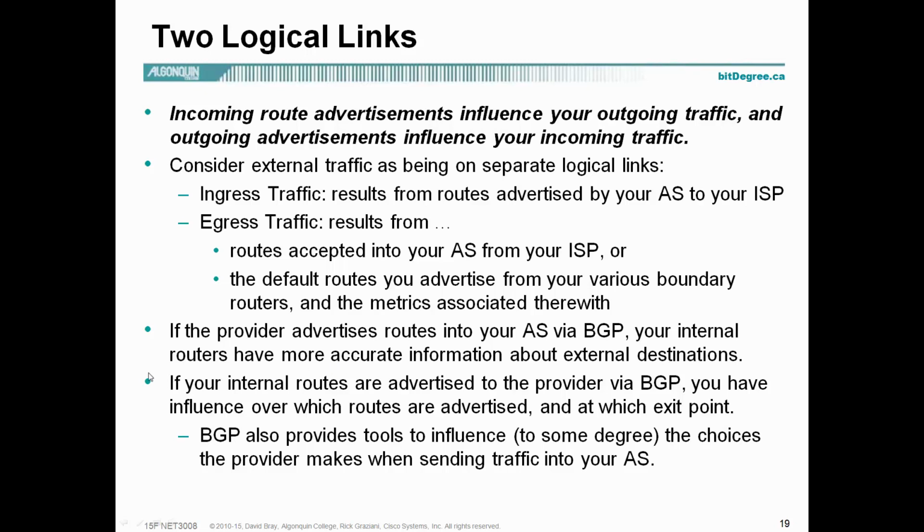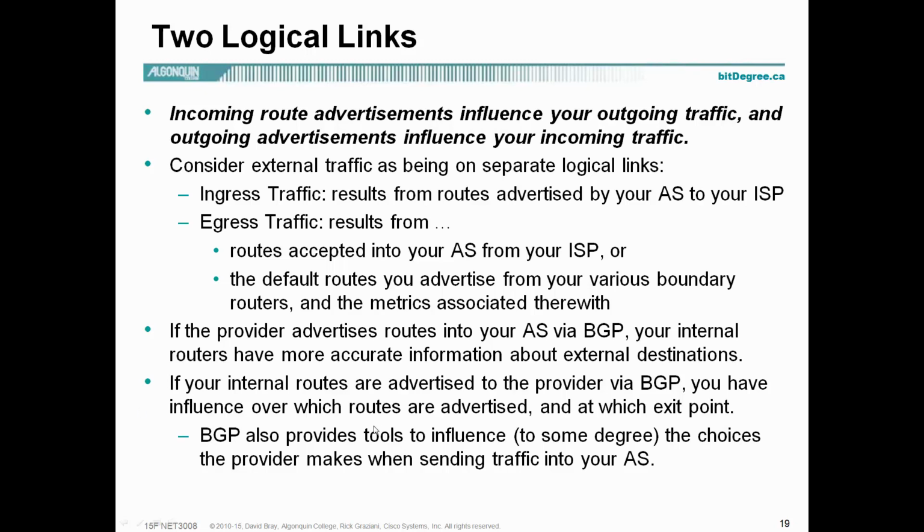So if the provider actually advertises routes into your AS via BGP, then your internal routers will have more accurate information about what's the best exit point to reach external destinations, if you happen to have more than one route to the same destination.